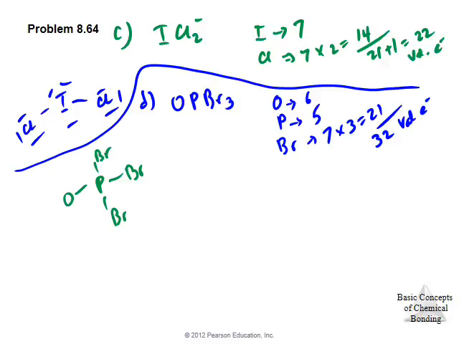So let me show you how to do that. 2, 4, 6, 2, 4, 6, 8, 2, 4, 6, 8. So that assigns all 32 valence electrons that we had. And phosphorus, the central atom, also has 8 electrons. So there is no violation of the octet rule. So they all obey the octet rule.